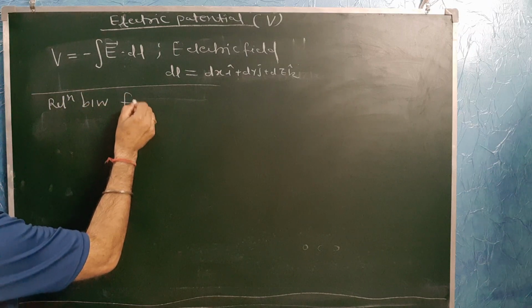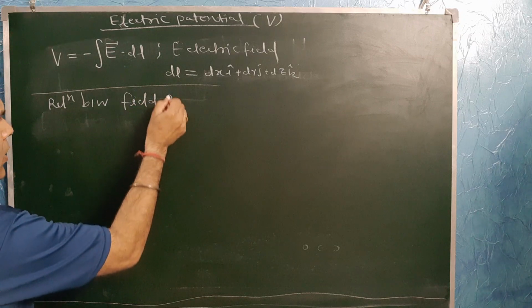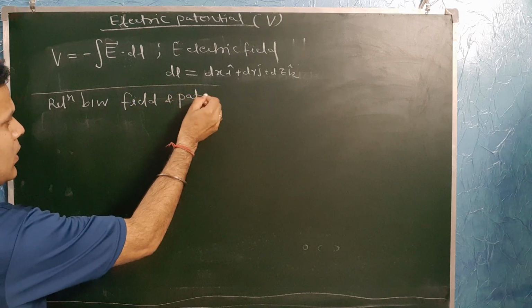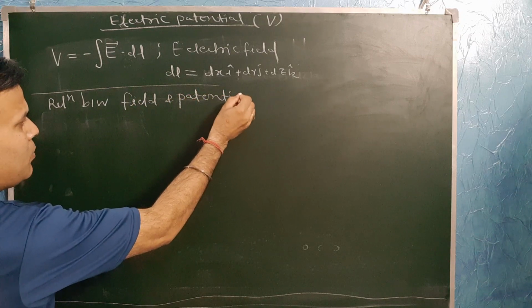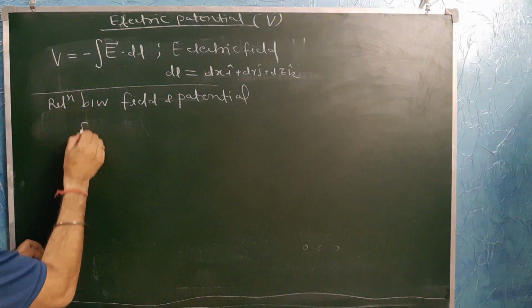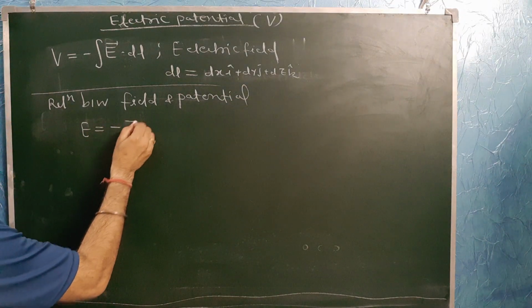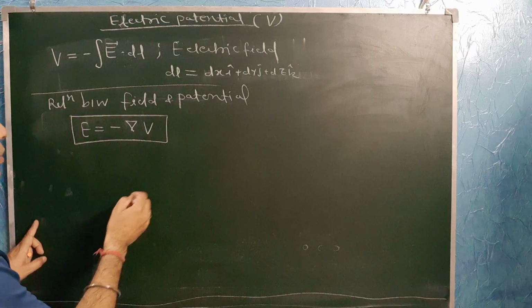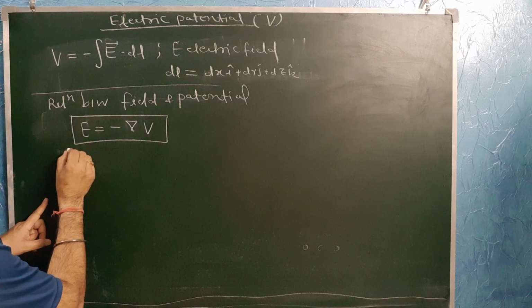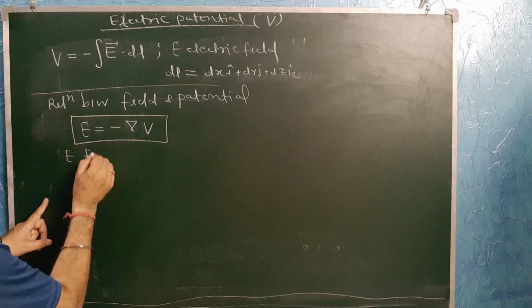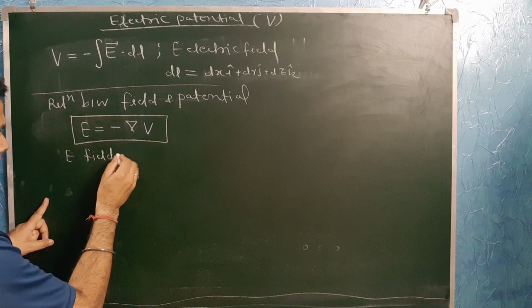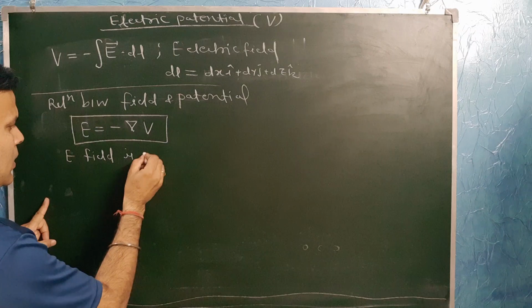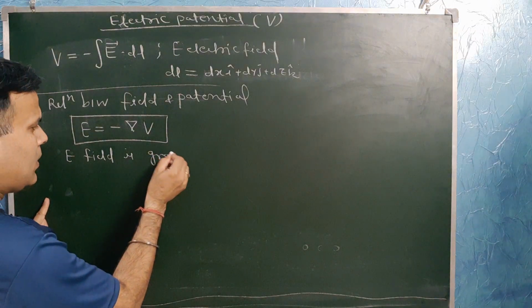Electric field and electric potential. So the electric field is simply minus del V, meaning the negative gradient of potential.